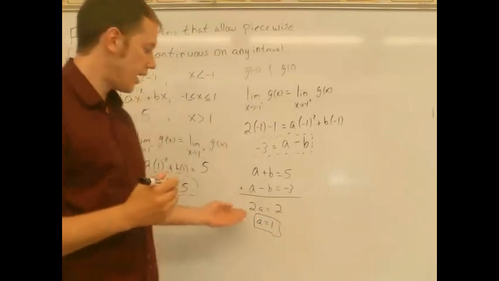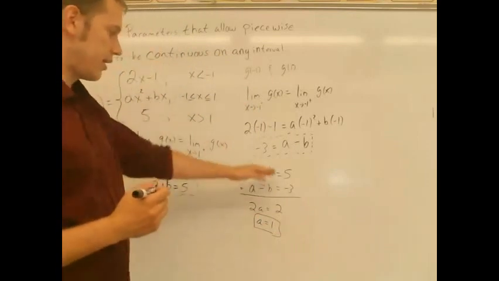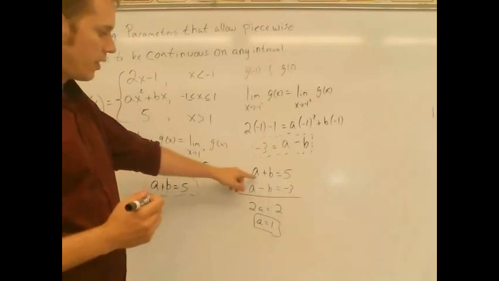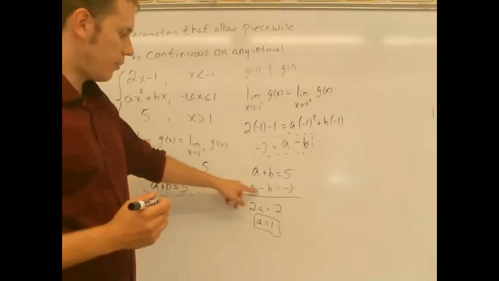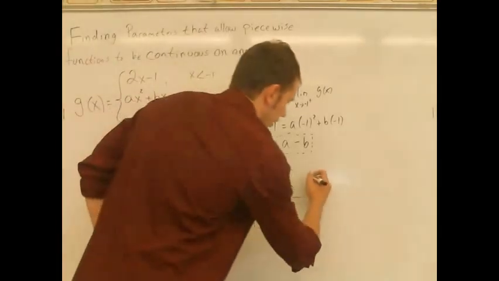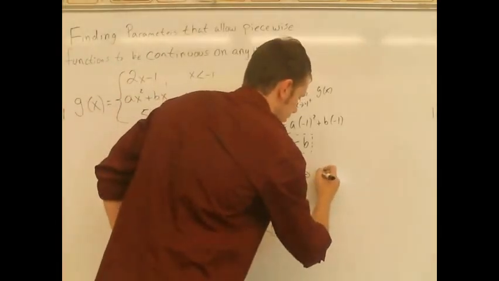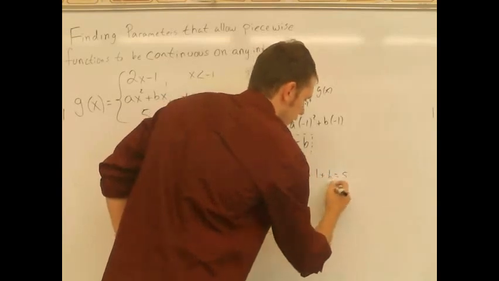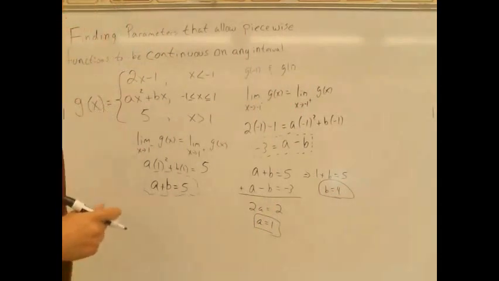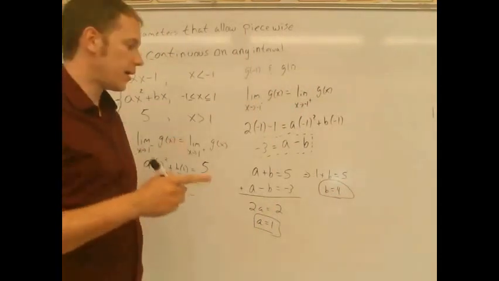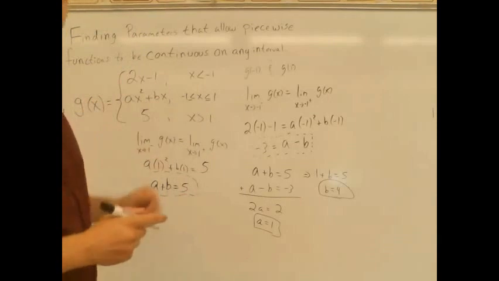Once I have this, I can put a equals 1 back into either one of these equations. This would be 1 plus 4 to be 5, and then 1 minus 4 to be -3. So really, a equals 1 and b equals 4, done. And these two values will make my function continuous on any interval.